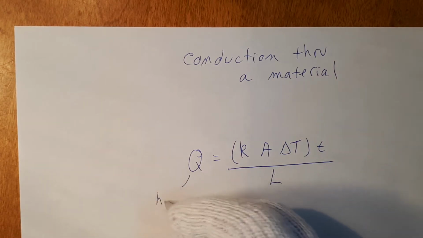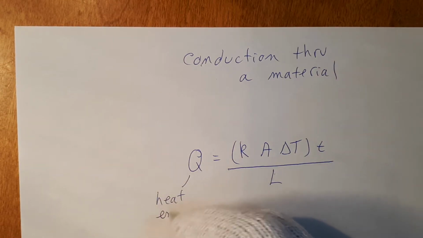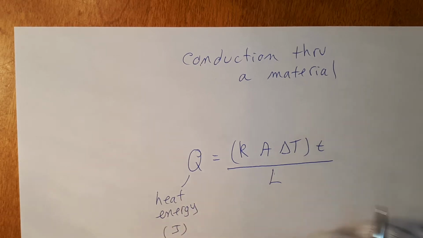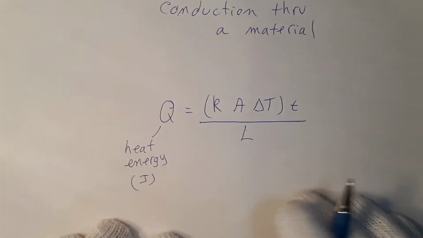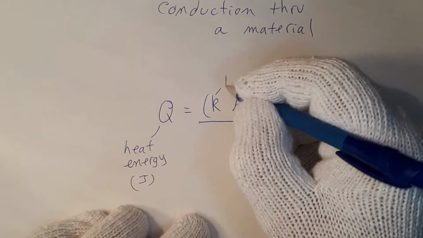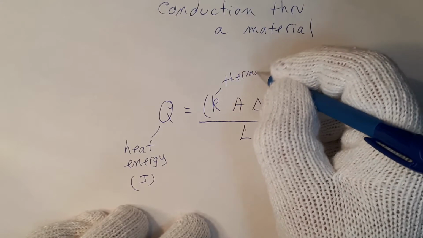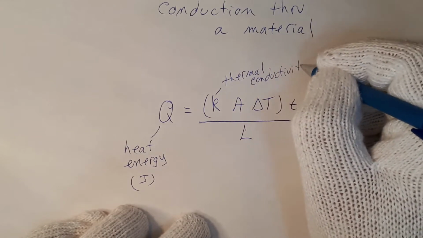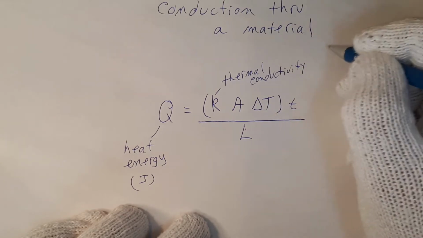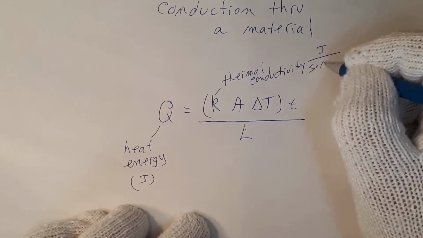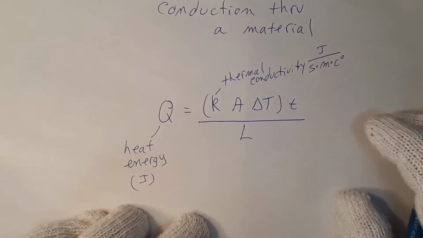Q, that is heat. I call it heat energy because it has the unit of a joule. Little letter k, that is thermal conductivity, and it has the units of joule per second, meter, and Celsius degree.